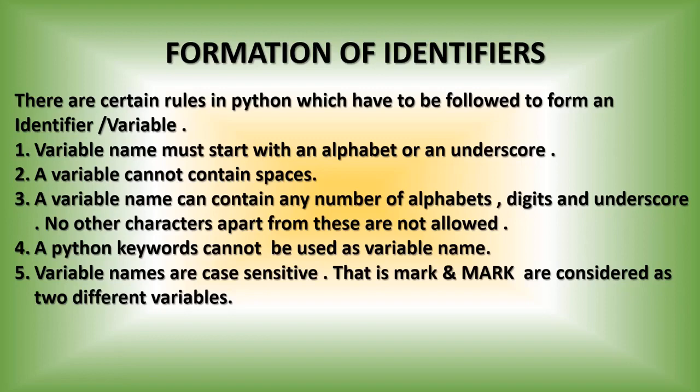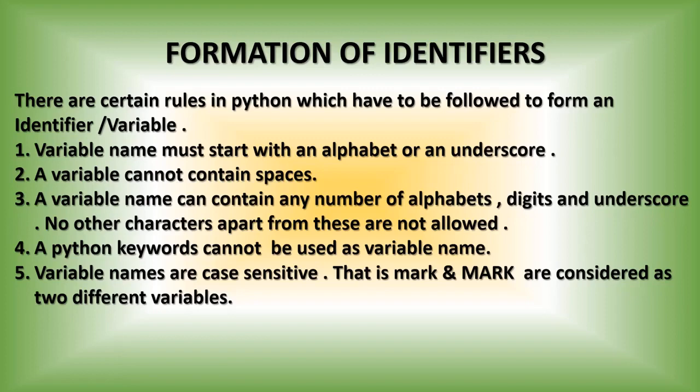Keywords cannot be used as the variable name. Variable names are case sensitive. That means you can use both small letters and capital letters as the variable name. But if you use mark in small letters and Mark in capital letters, they are considered two different variables.